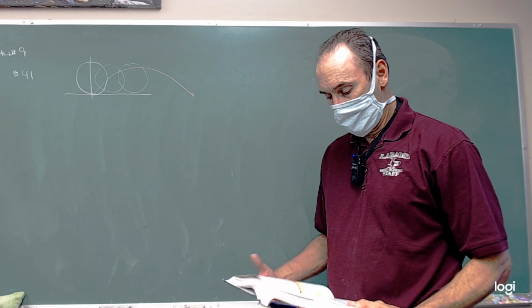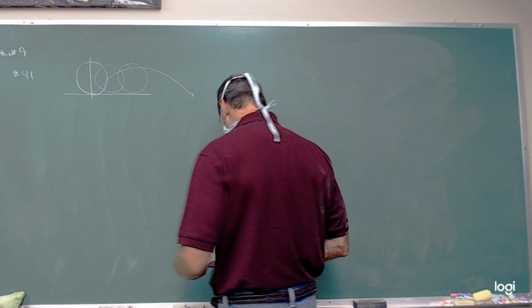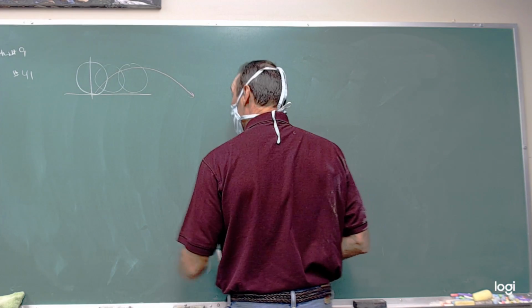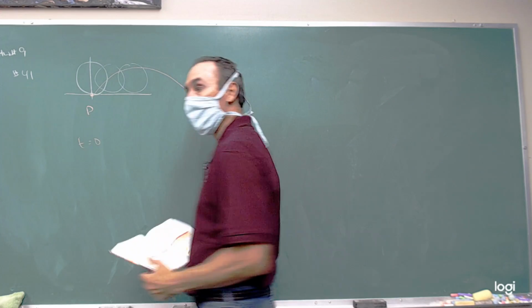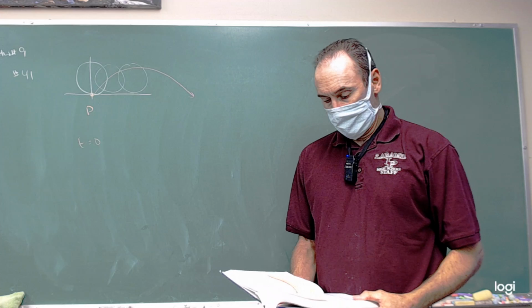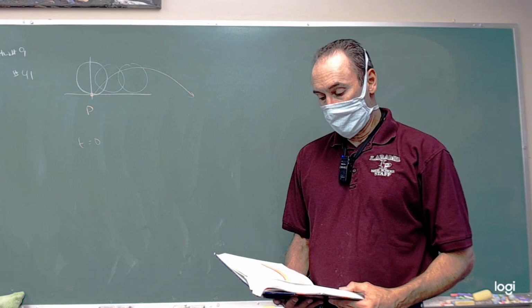And so, let's see, at t equals 0, P is at the origin. So our point is going to start right here at the origin at time 0. And the path of this thing is actually called a cycloid.